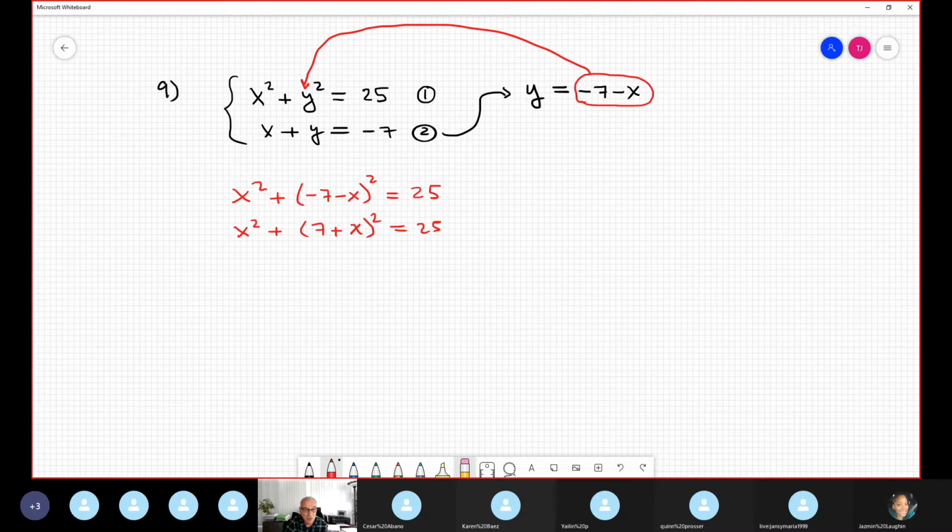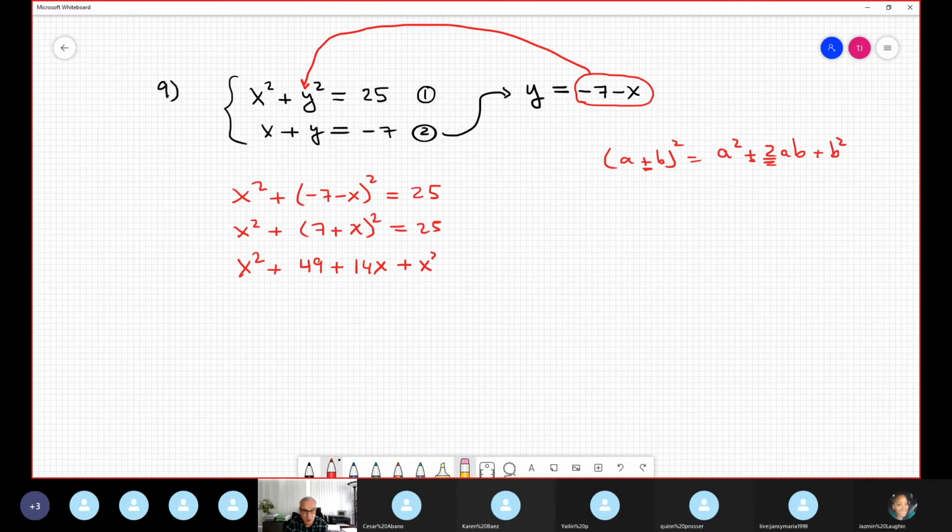Okay, now ready to expand this. This is a square first, get 49, plus multiplication 7 times x times 2 is 14x. Remember the formula, (a plus b) squared is equal to a squared plus twice ab plus b squared. We have an extra 2, don't forget, because they are twin brothers now. And when it's minus here, it's minus in the first and always positive in the second.